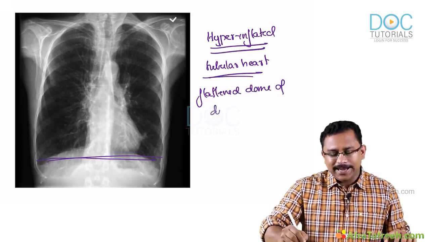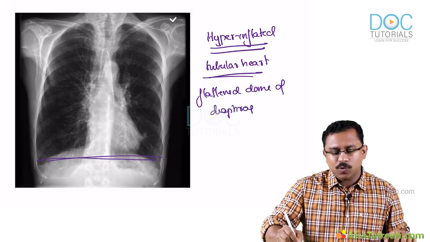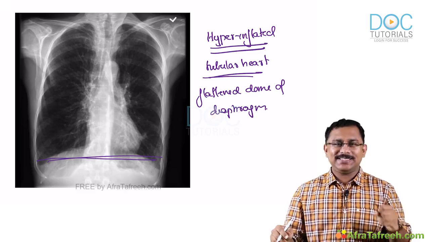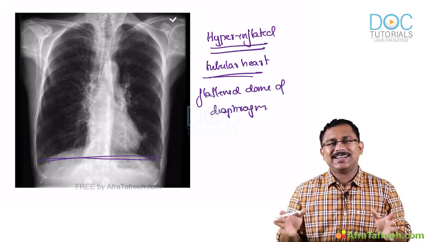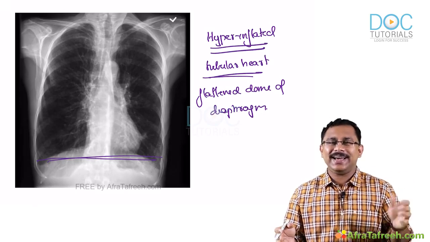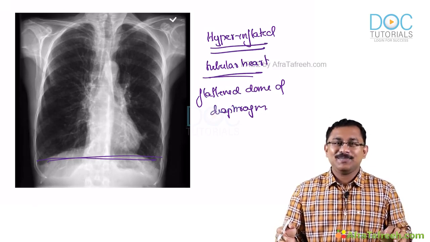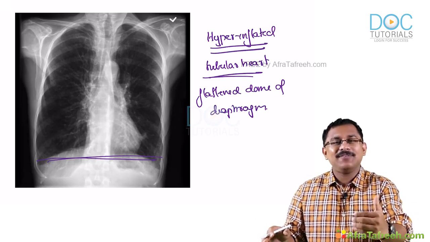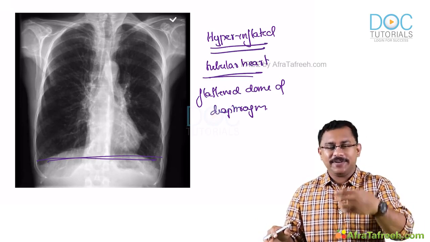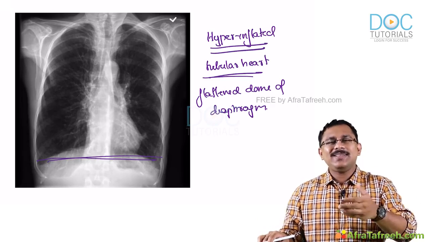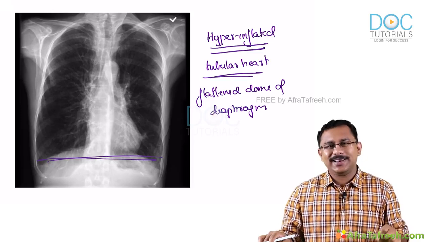Okay, and this type of hyperinflation is more common with what? It is more common with your emphysema. Okay, so such a chest X-ray is more likely to be an emphysematous change rather than a chronic bronchitis. But remember what I already told you, a particular individual may have pathological changes of emphysema and bronchitis in the same individual, because naturally the triggering factor is the same, that is your cigarette smoke.